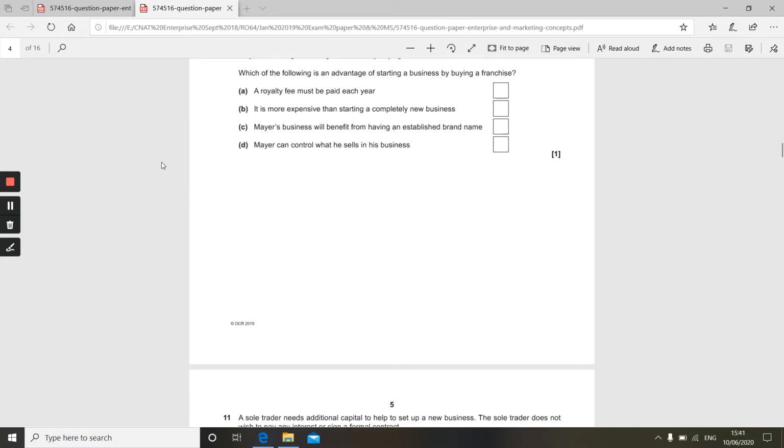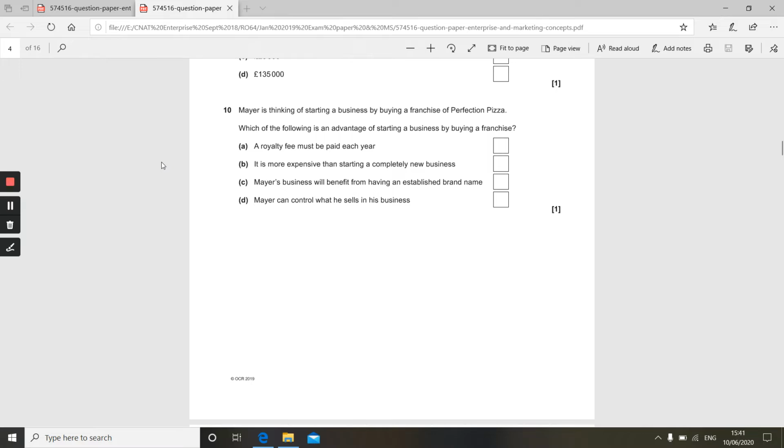Question 10. Maya is thinking of starting a business by buying a franchise of Perfection Pizza. Which of the following is an advantage of starting a business by buying a franchise? You've been given 4 different distractors there to choose from. Remember, a franchise is the right to trade under another business's name for a fee.